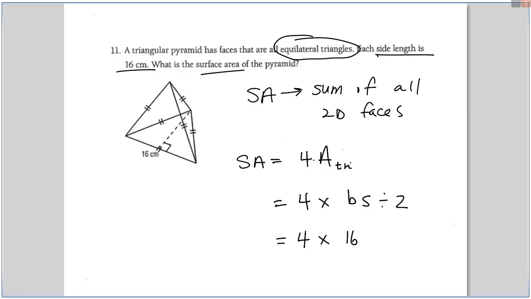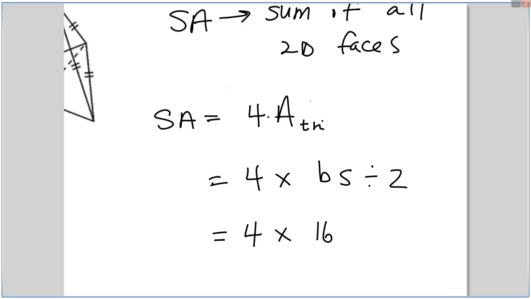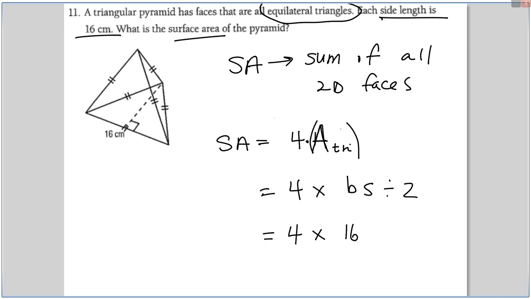This is a capital A, 4 times the area of a triangle. So what's the one thing we don't know? The slant. So how are we going to find that? Pythagorean theorem. Once we do the Pythagorean theorem, we can put it in that bracket.